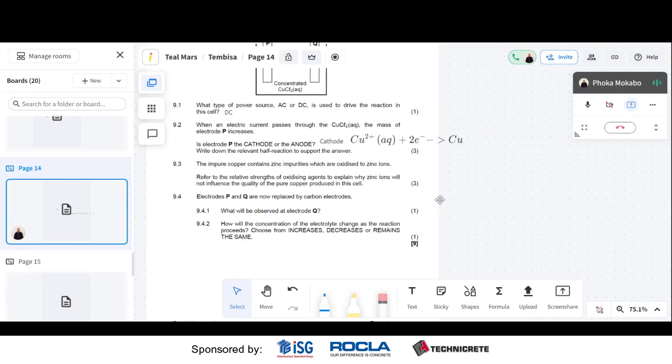Then, how will the concentration of the electrolyte change as the reaction proceeds? Choose from increases, decreases, or remains the same.